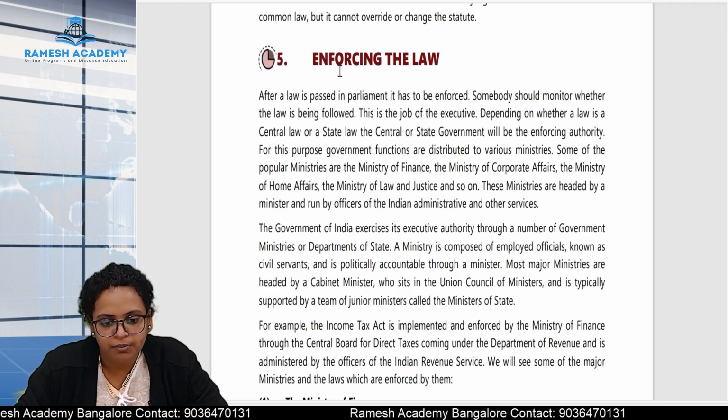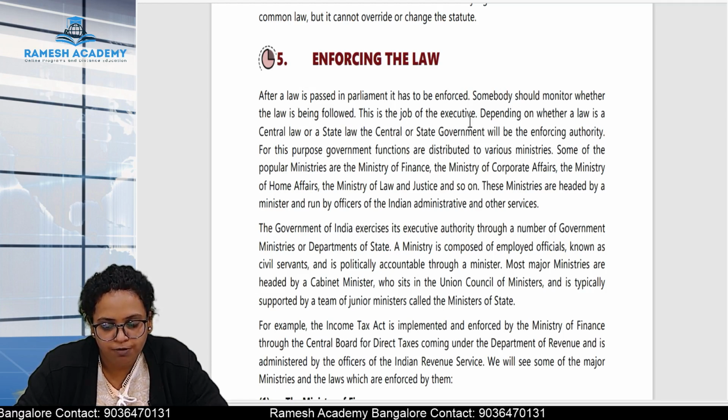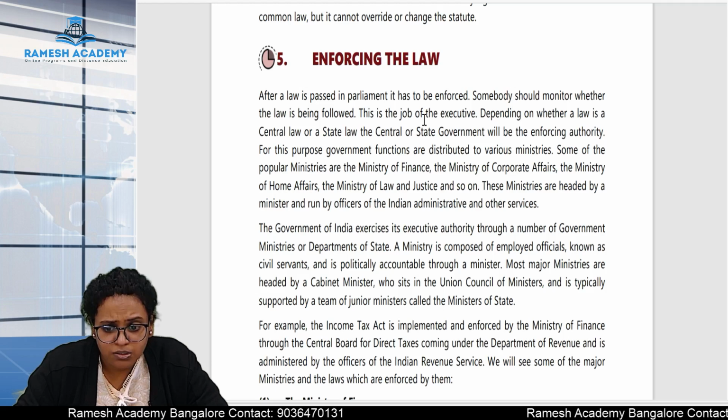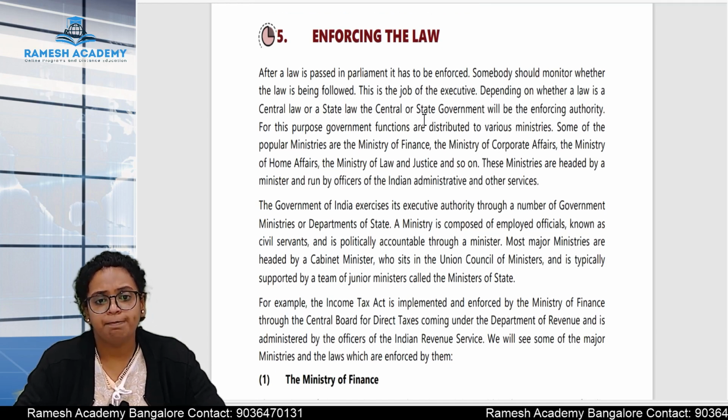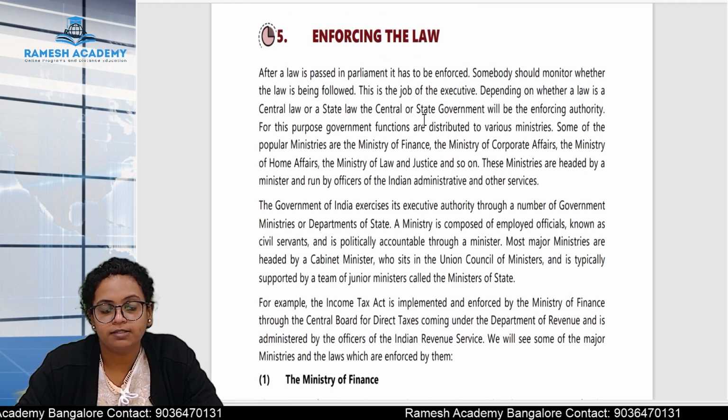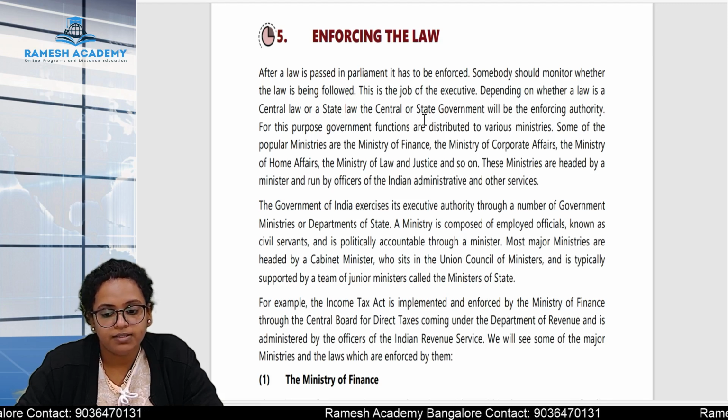Somebody should monitor whether the law is being followed. This is the job of the executive. Depending on whether a law is a central law or a state law, the central or the state government will be the enforcing authority. Once the bill has been passed by the Lok Sabha and Rajya Sabha, and the assent of the President of India has been taken, the law is passed.